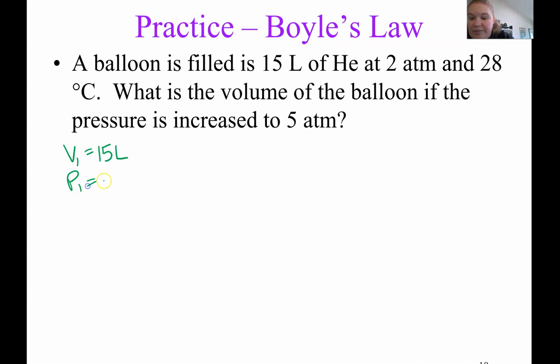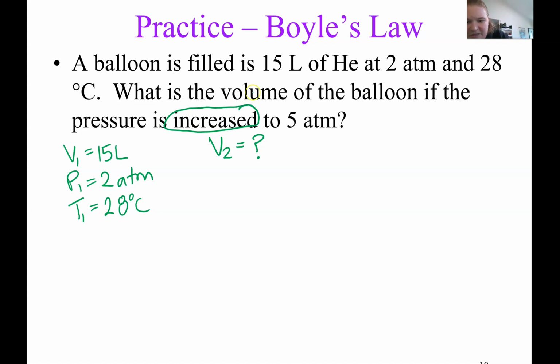So pressure 1, 2 atmospheres, and 28 degrees Celsius. So temperature 1 is 28 degrees Celsius. What is the volume of the balloon? So I'm putting that volume 2 gets a question mark because it's asking what is the volume. So I know that's what I'm going to be solving for. What is the volume of the balloon if the pressure is increased to 5 atmospheres?